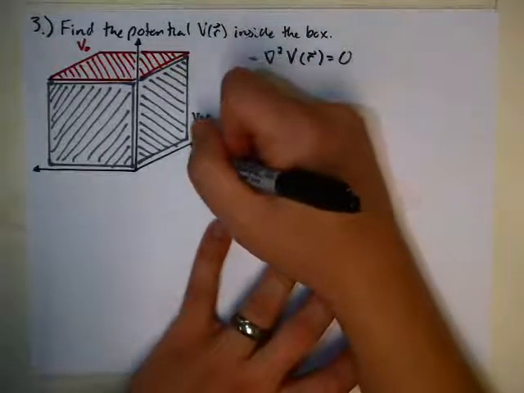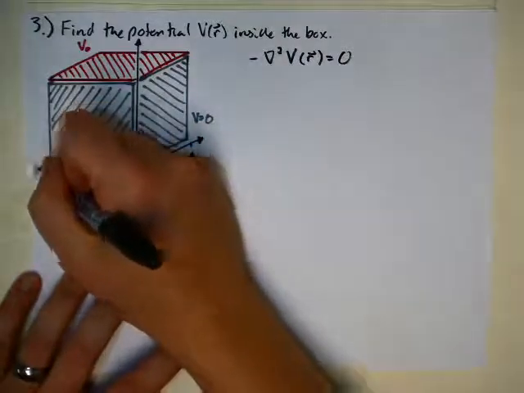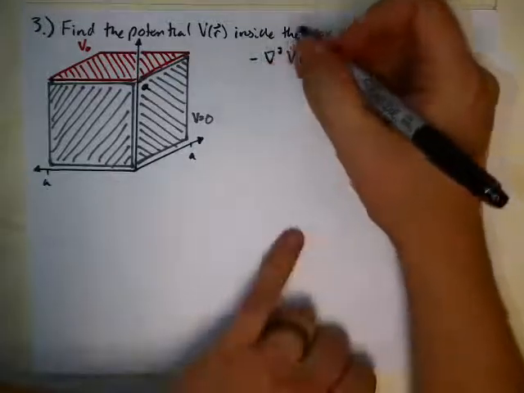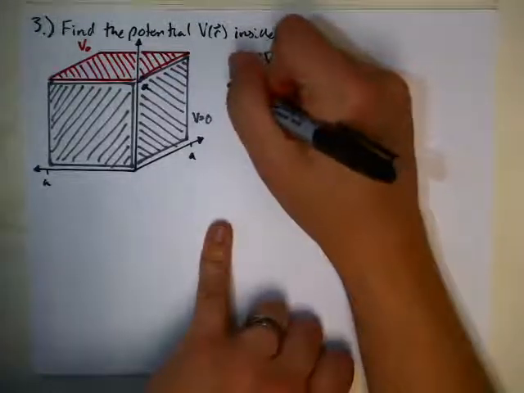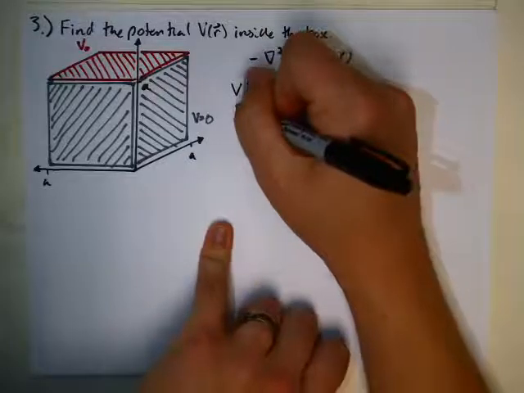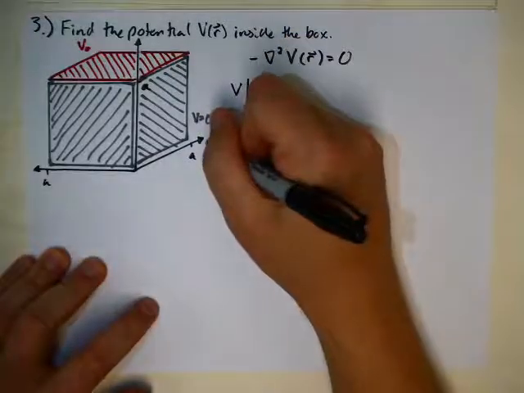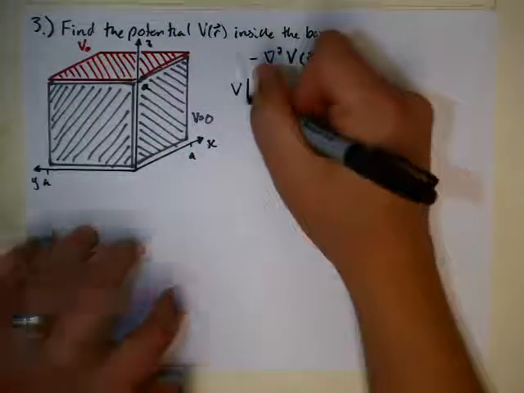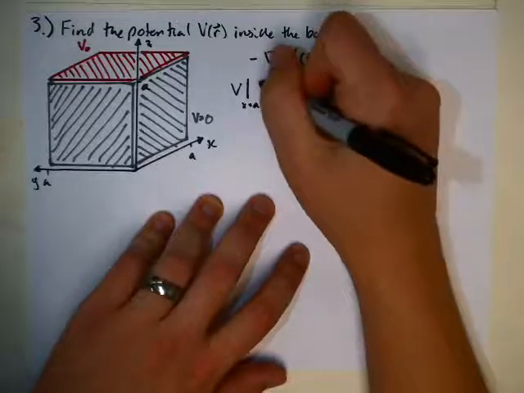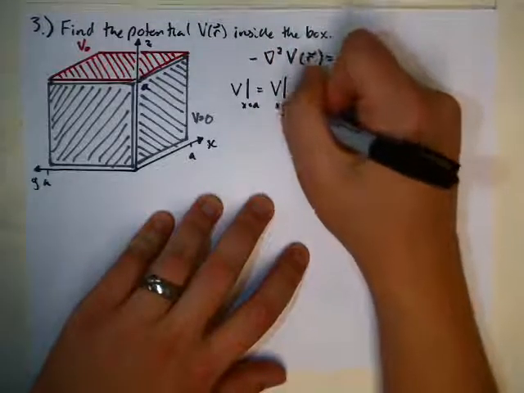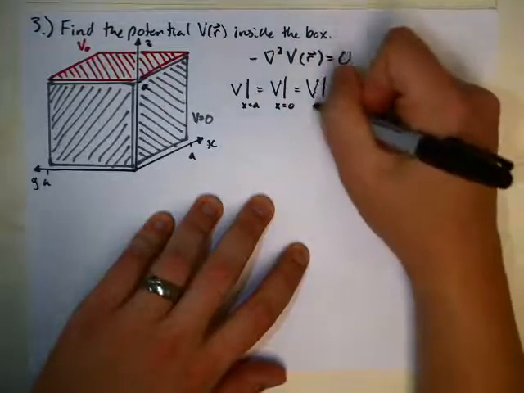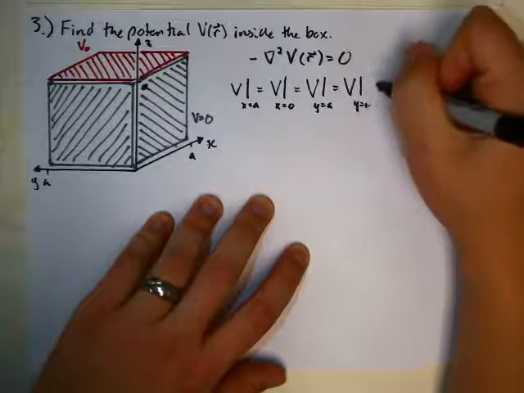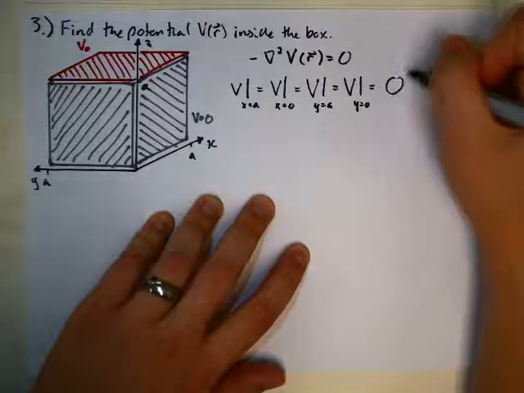We're going to define that the size of this cube is A everywhere. And so the boundary conditions on 5 of the sides, in coordinates x, y, and z: V at x equals A is V at x equals 0, which is V at y equals A, which is V at y equals 0, which is 0.